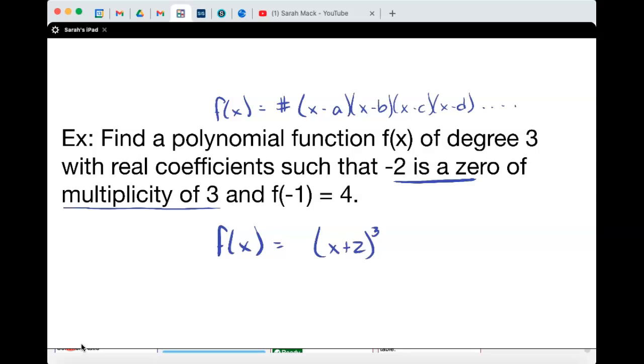But I want the specific one to satisfy this lovely little point. So I need to find, I'm just going to write k here. So I need to find this number right here. So basically I'm going to plug in -1 and 4. -1 is acting as the x value, 4 is the f of x value. So 4 equals k times (-1 plus 2) to the third.